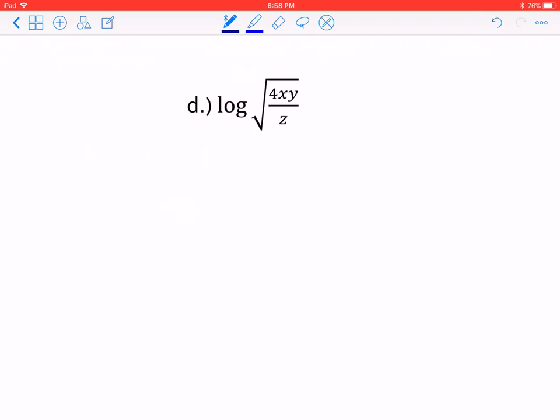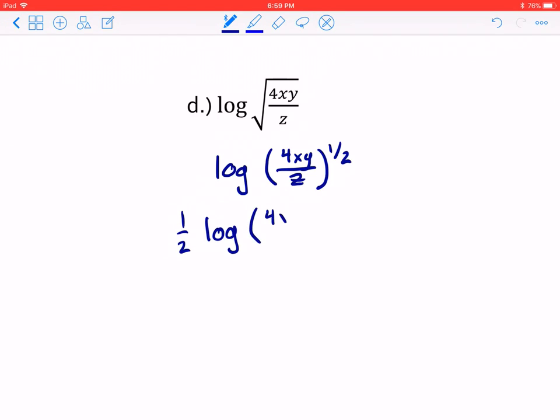And in this last case, the first transformation would be to take this expression right here, 4xy over z to the 1/2, rewriting the square root as an exponent so we can use the power rule to put the 1/2 in front of this log.